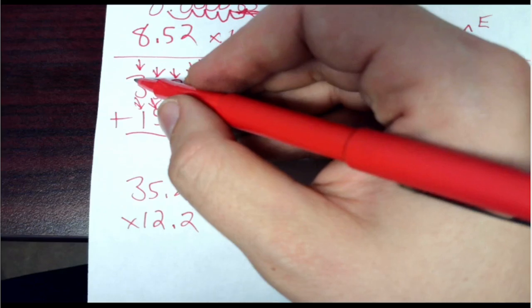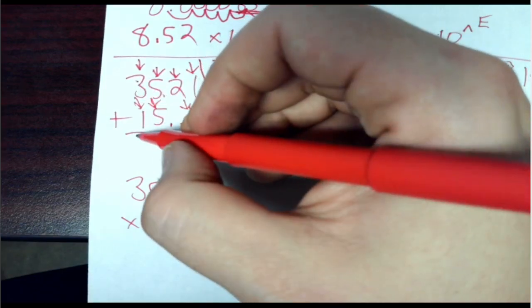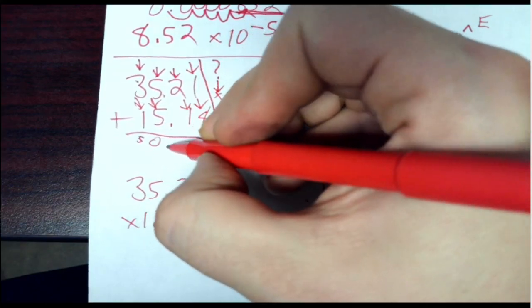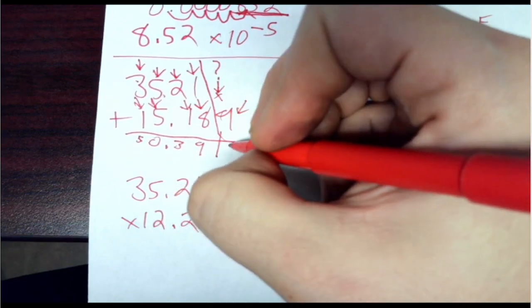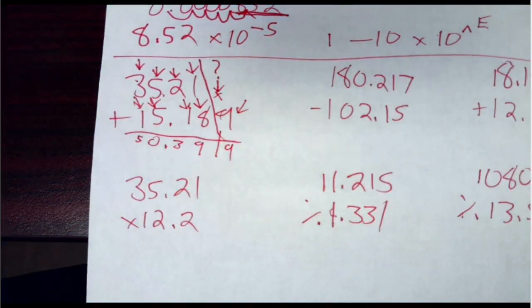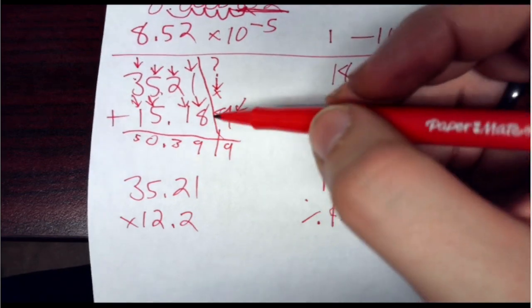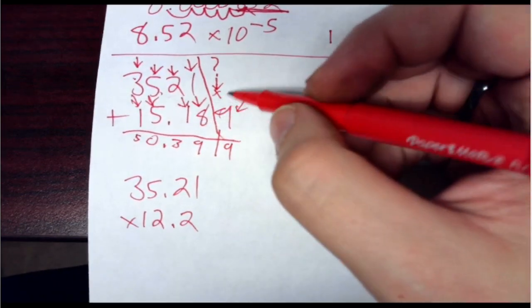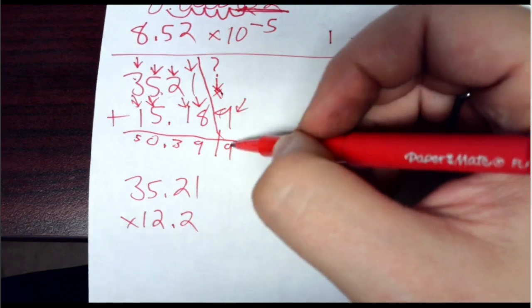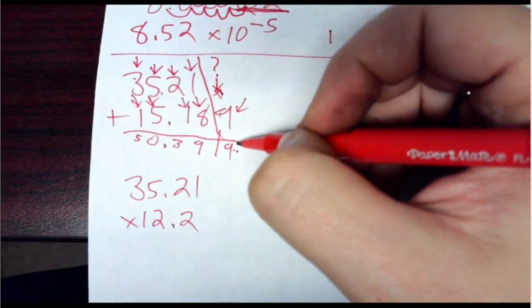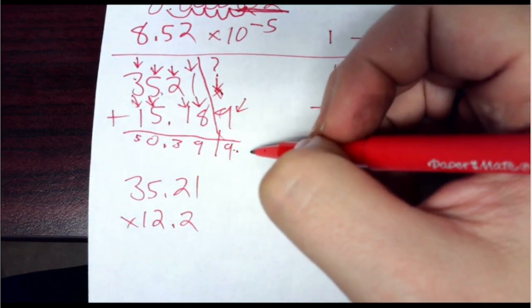I do this. I would get 50.399. You plug that into your calculator, that is what you would get. However, because I do not know this position, it becomes unreliable.